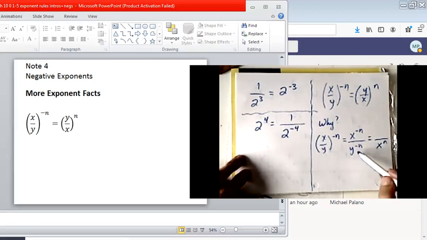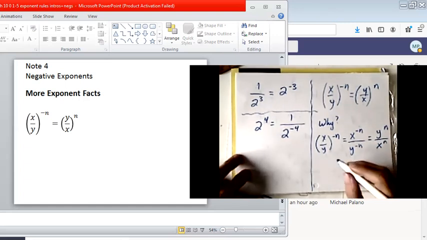Same thing is going to happen here. It goes from the bottom up to the top. So it stays like that, but the exponent is now positive. And then this might seem like a new rule, but it's actually just this one in reverse, where the exponent is on each thing.